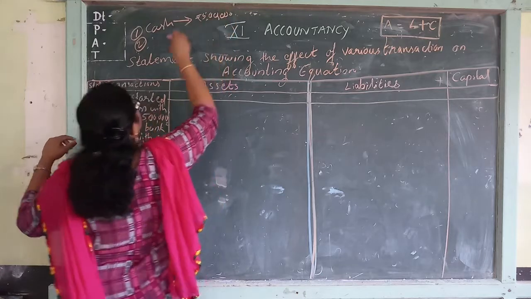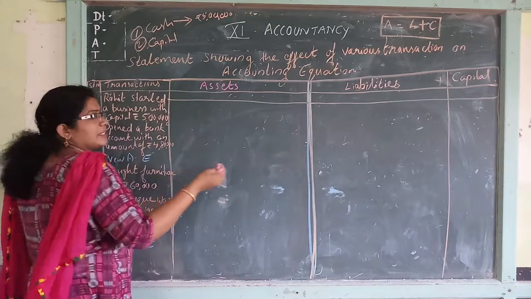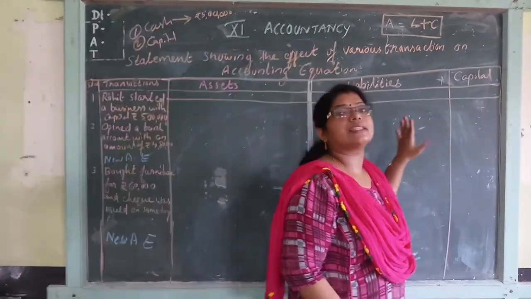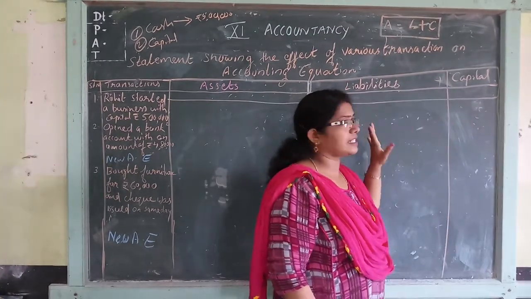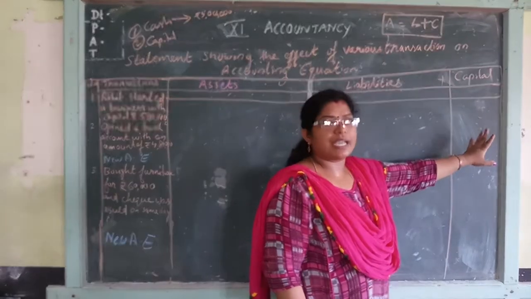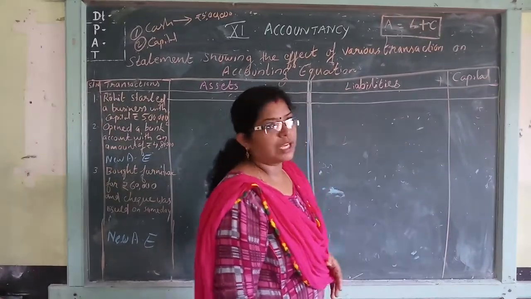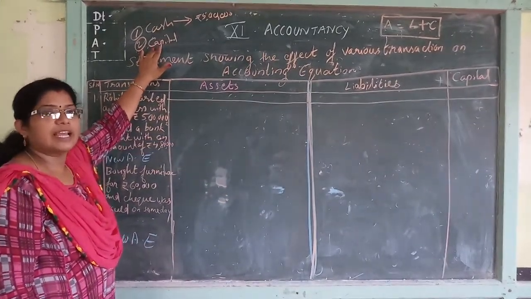At the same time, capital is a liability, an internal liability. The liability part can be divided into internal and external. Internal liability is called capital and external liability is called liabilities.